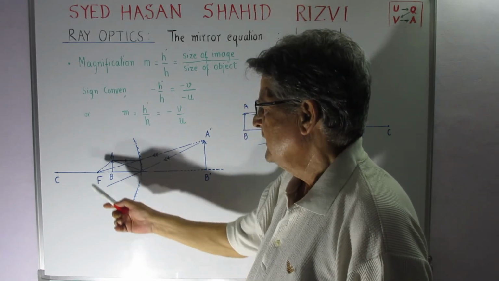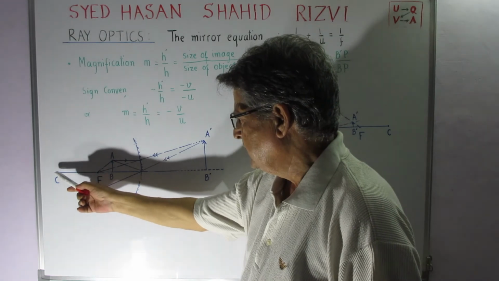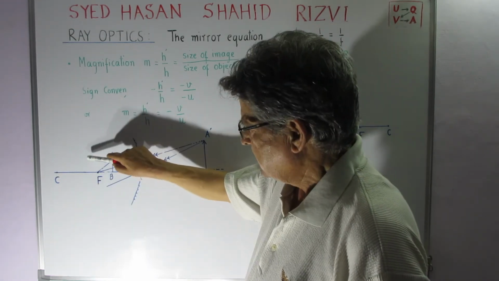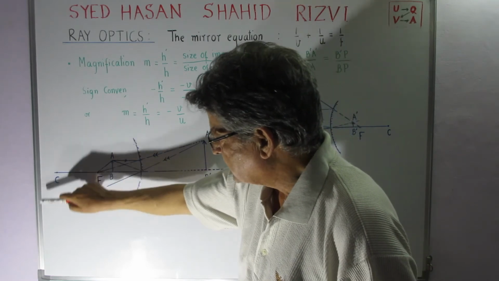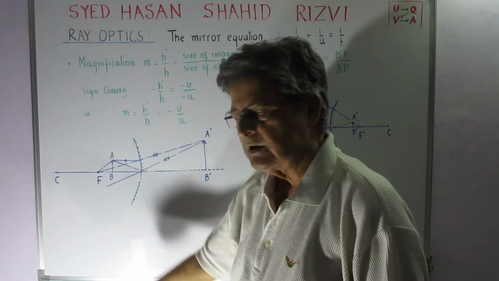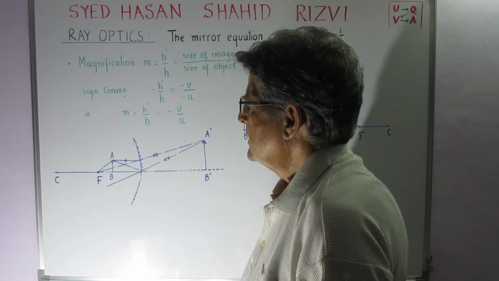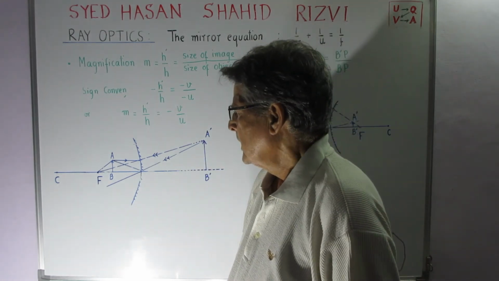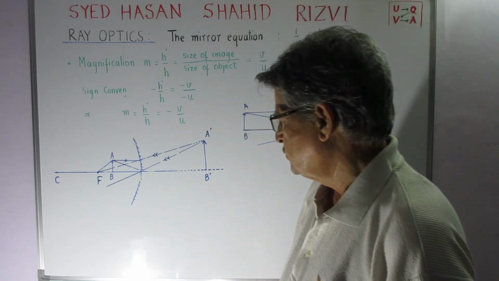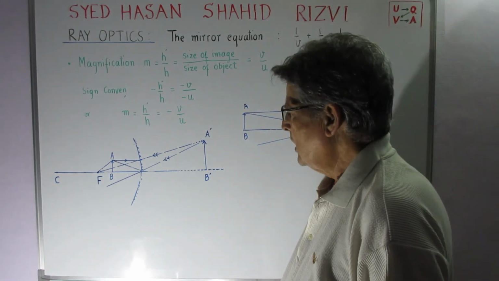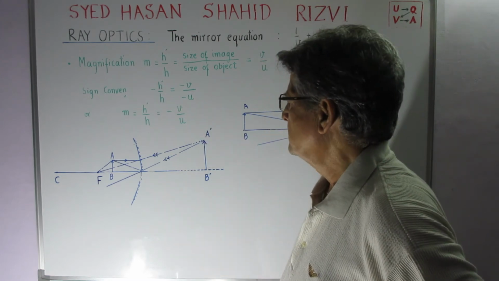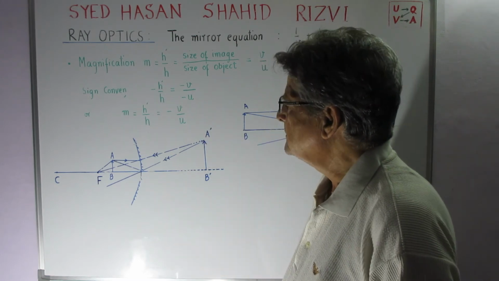And if the object is put between the center of curvature and the focus, then a larger size image will be made beyond the center of curvature, and you must draw that. But I have just chosen to draw, with my difficulties that I have, drawing these things.